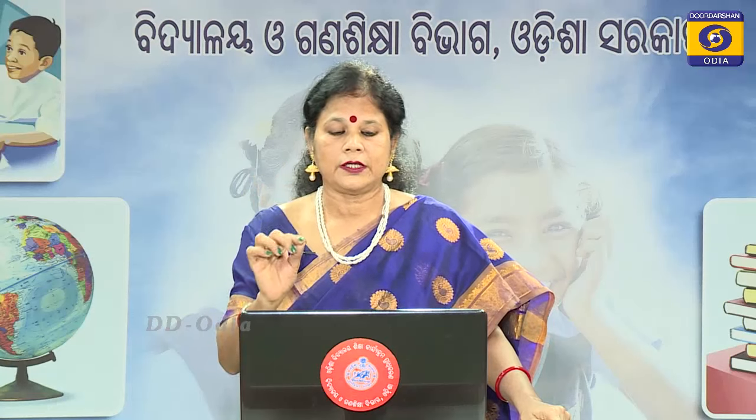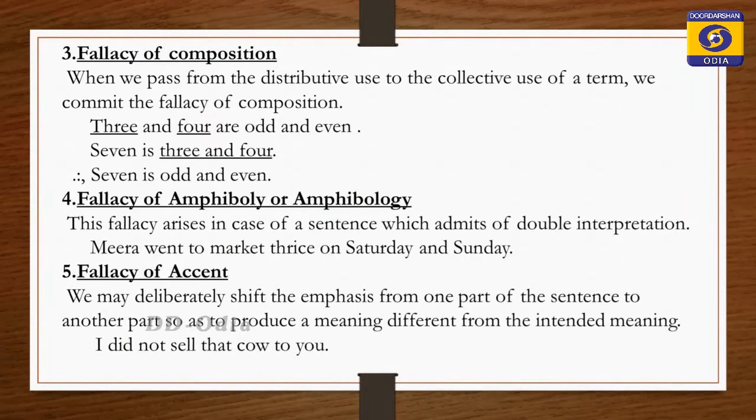So, here 3 and 4 is taken collectively. So, here we pass from distributive use of a term to the collective use of a term, and this is fallacious. This is a fallacious argument, and conclusion also is wrong. Conclusion becomes 7 is odd and even.